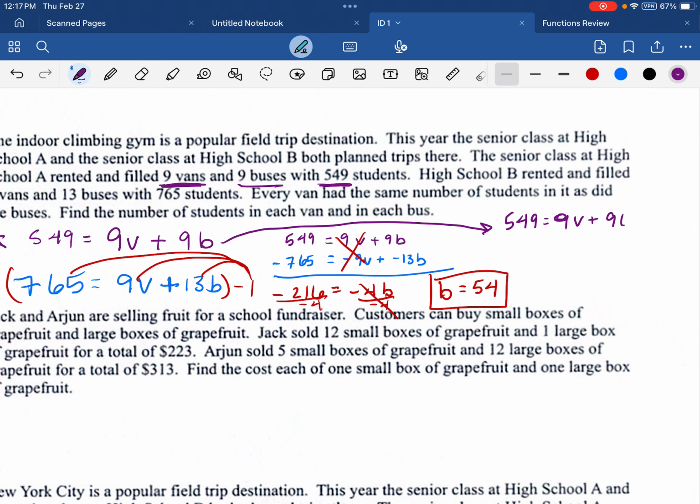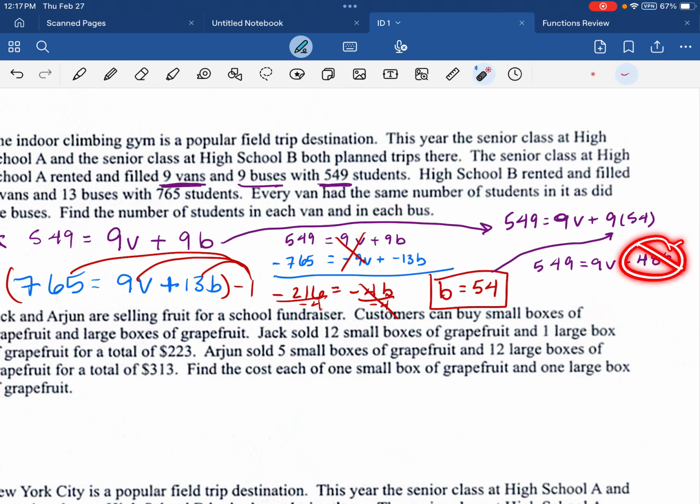Okay, so then I'll have 9 times, and anywhere I see a B, I can put in a 54 instead. Okay, if I type in on my calculator 9 times 54, I get 486. How do I get this 486 off of this side and onto this side?